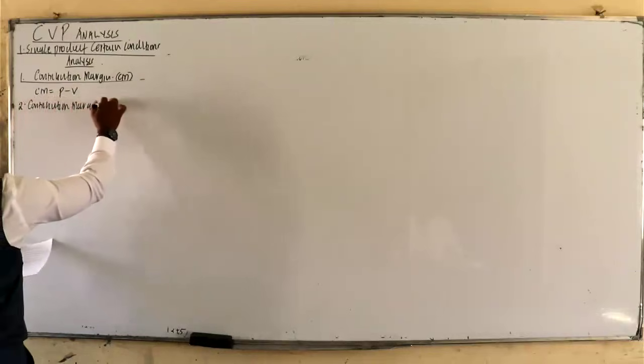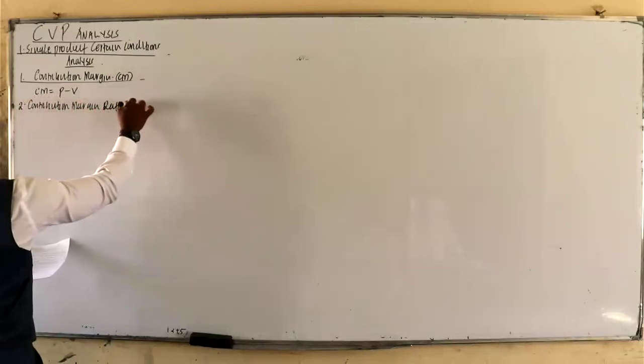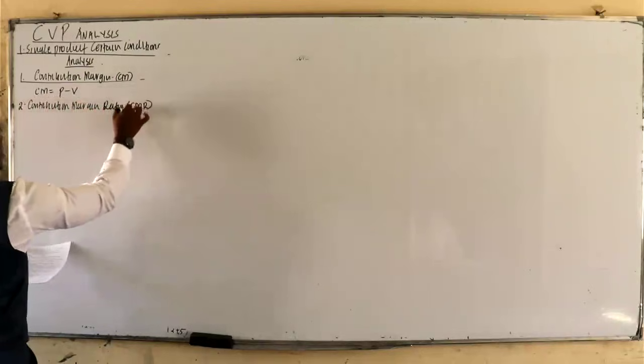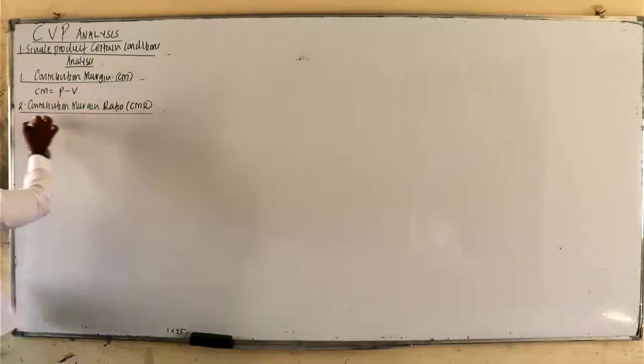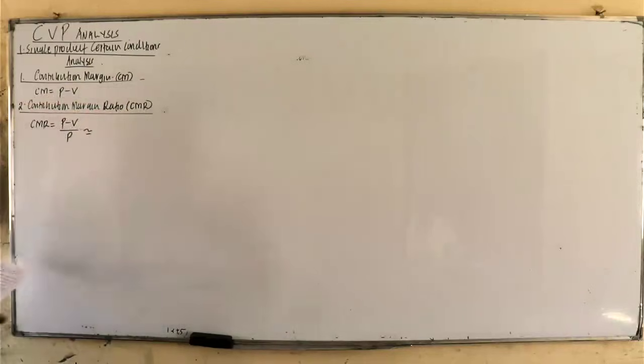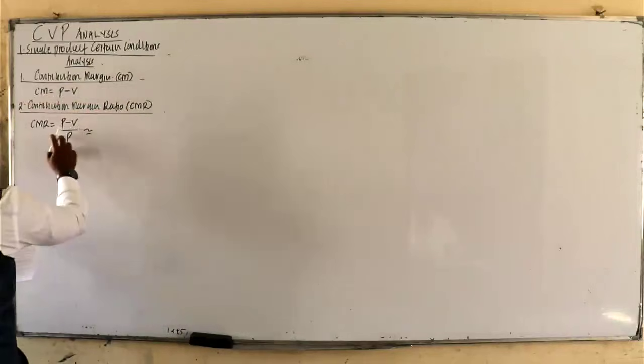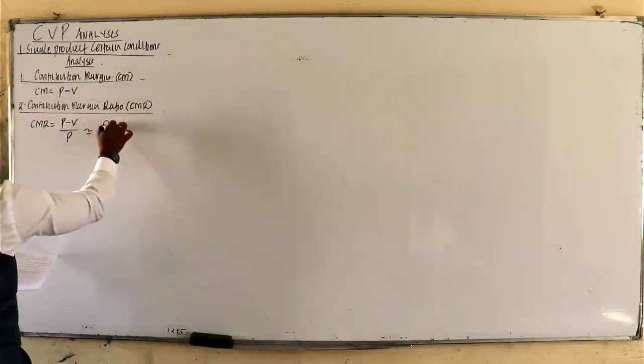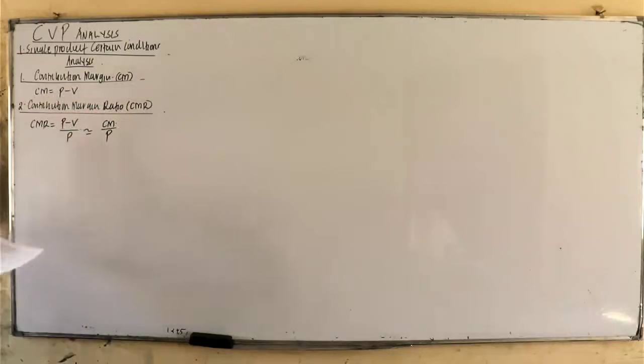You take the selling price minus variable cost over selling price, which is the same as the contribution margin over the selling price.